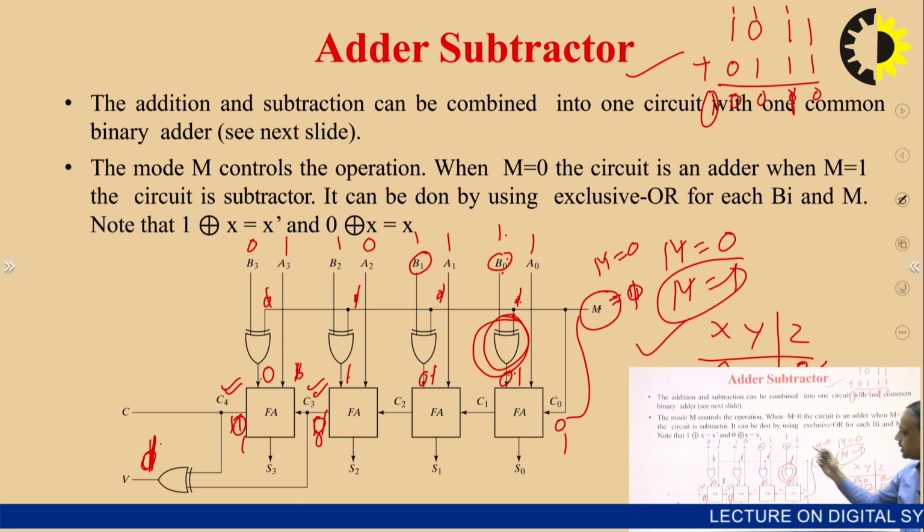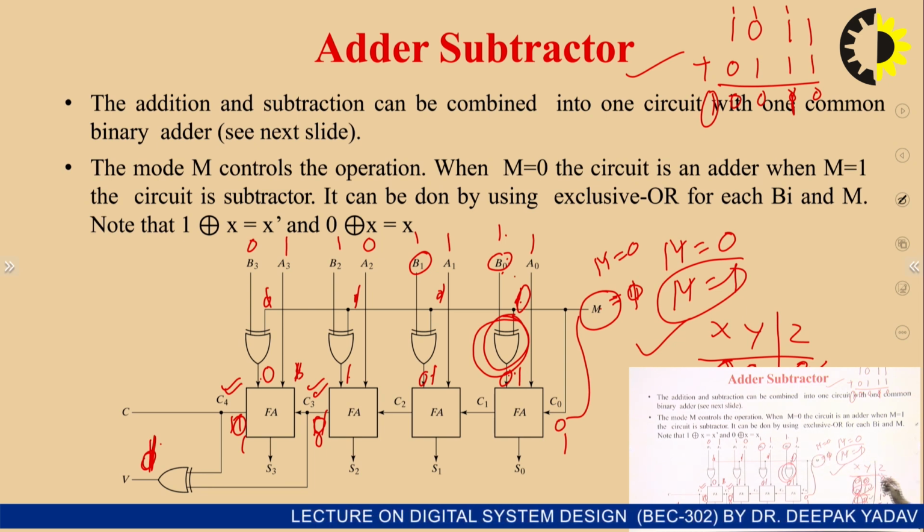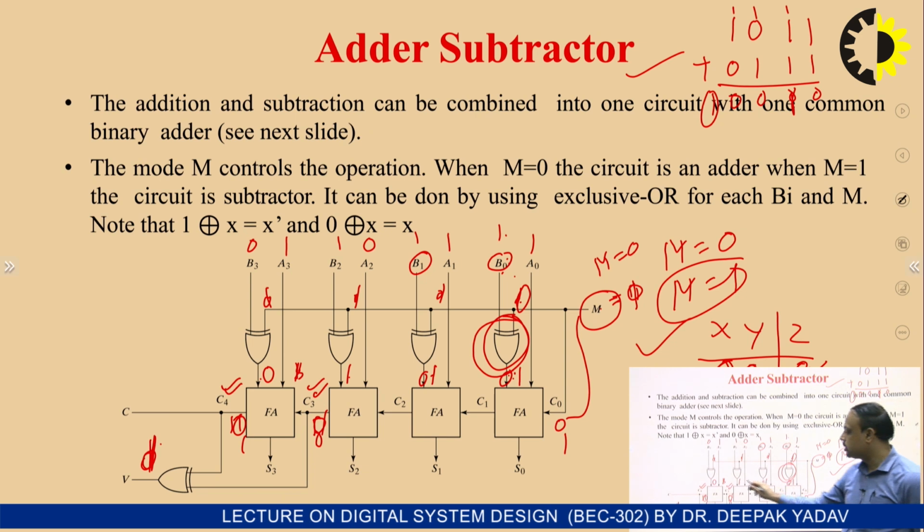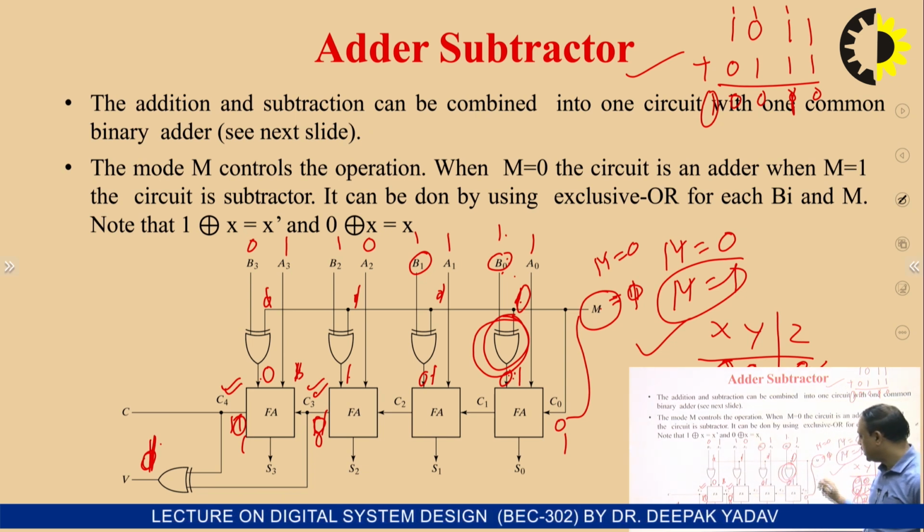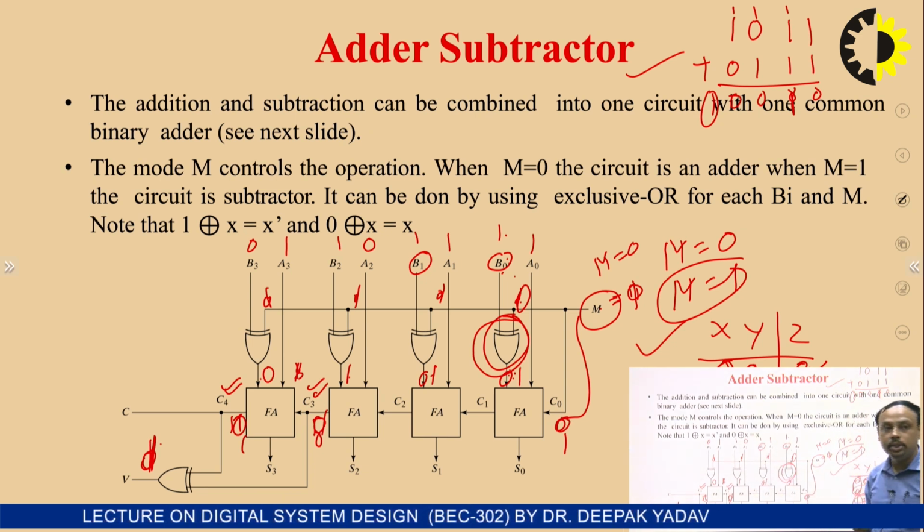So in this way the same number comes here because we select M as 0. So if x is 0 for this XOR gate, whatever the number at the input, it becomes the output. So we get the same bits over here, and the first carry in is equal to 0.